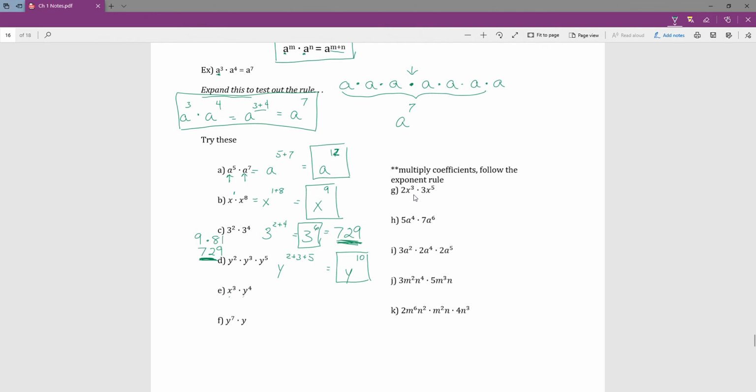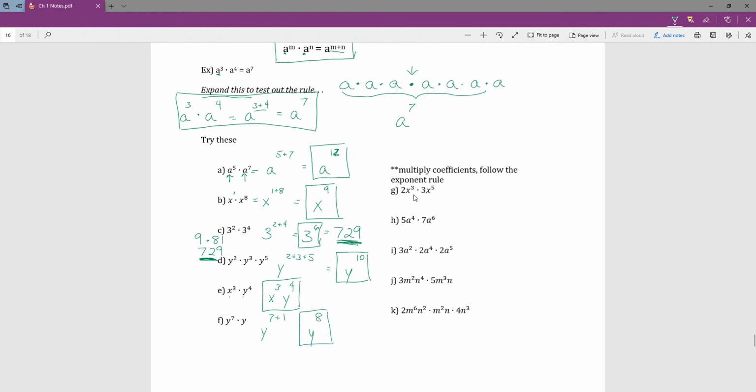These don't have common bases, so I can't do anything else. I could rewrite it if I wanted as x cubed y to the 4th because it means exactly the same thing, but I can't actually use this pattern that I've been learning in this part of the notes. y to the 7 times y would be y to the 7 plus that invisible one, or y to the 8.